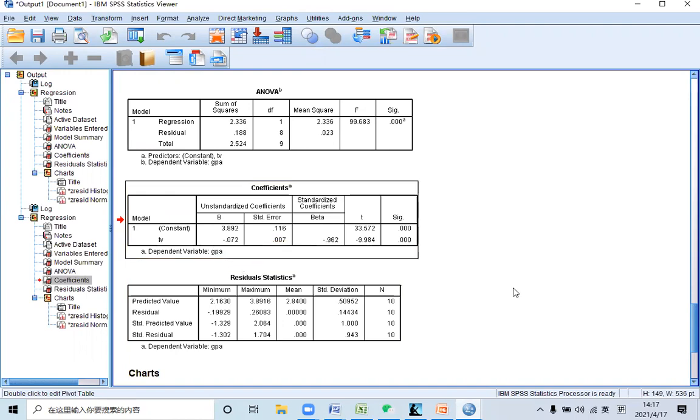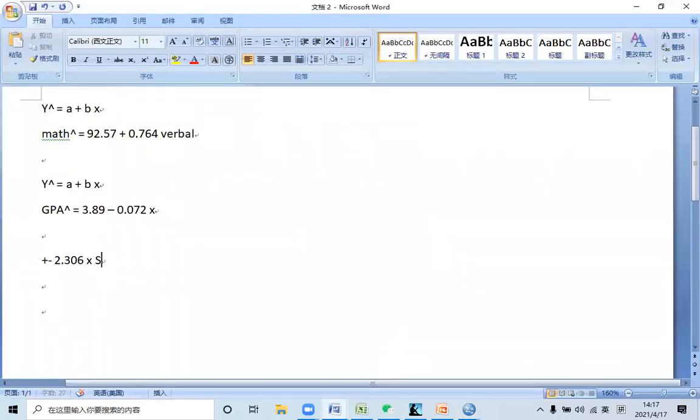Here's the standard error for the slope. Standard error for the slope for the TV is 0.007. Let's see.